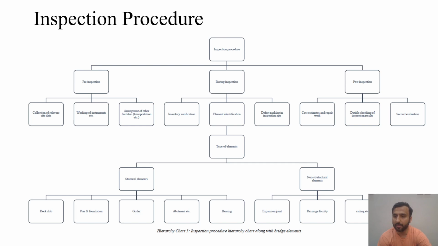That information will be used for checking, double checking, and second evaluation by a team comprising the RAMs as well as the bridge directorate, so that the results gathered by the bridge inspector at site are not simply forwarded for the repair work, but someone does the diagnosis on it and then sends the demand for repair. After such evaluation, the cost estimation and repair work is planned and scheduled and shared with the field formation.